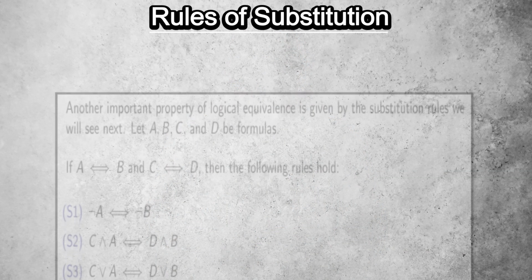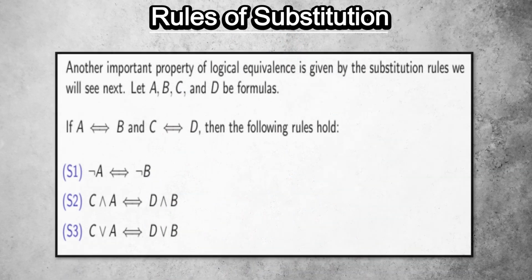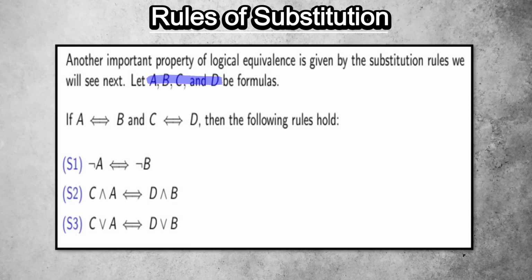Another important property of logical equivalence is given by the substitution rule. Basically, this means that if A, B, C, and D are propositional formulas such that A is logically equivalent to B and C is logically equivalent to D, then the following rules hold.